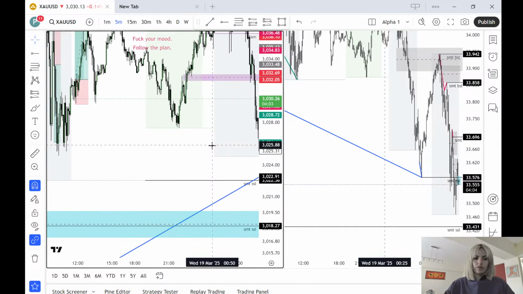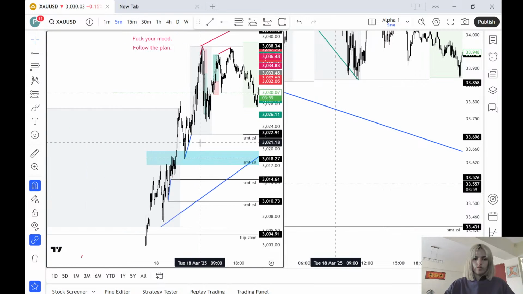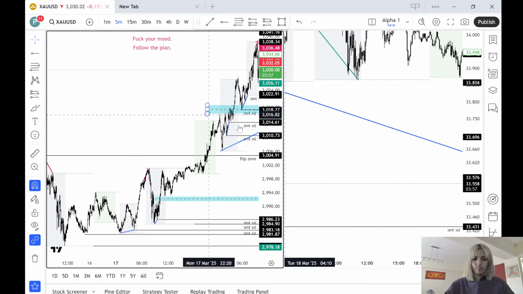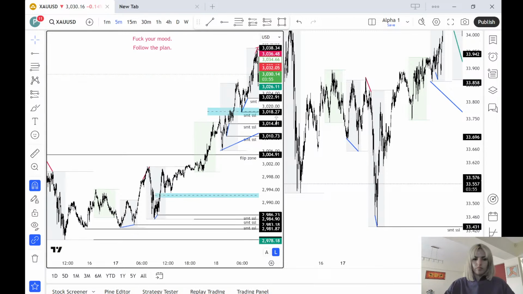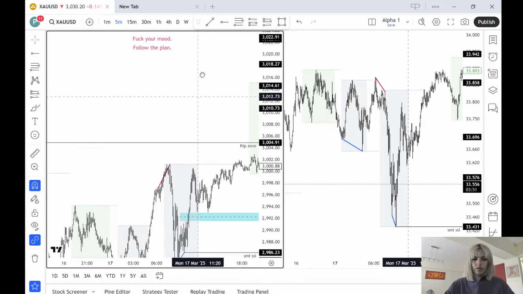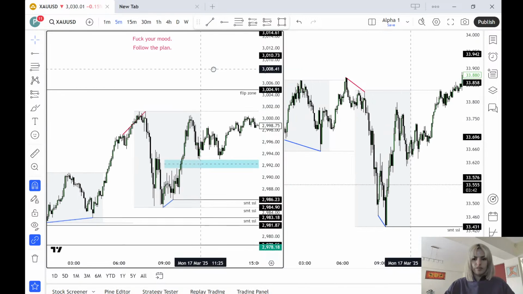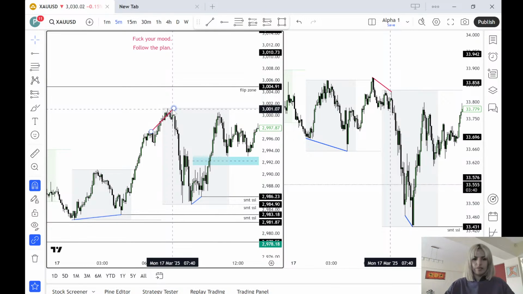I'm going to try to look for an example and show you. For example here, this was on the 17th, so it was Monday. On Monday, price created this SMT divergence where we had gold going higher and silver at the same time going lower here.